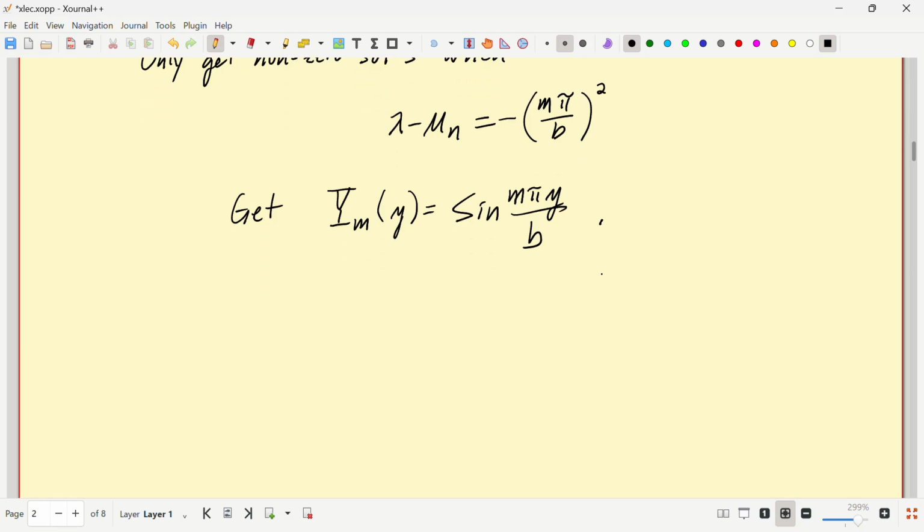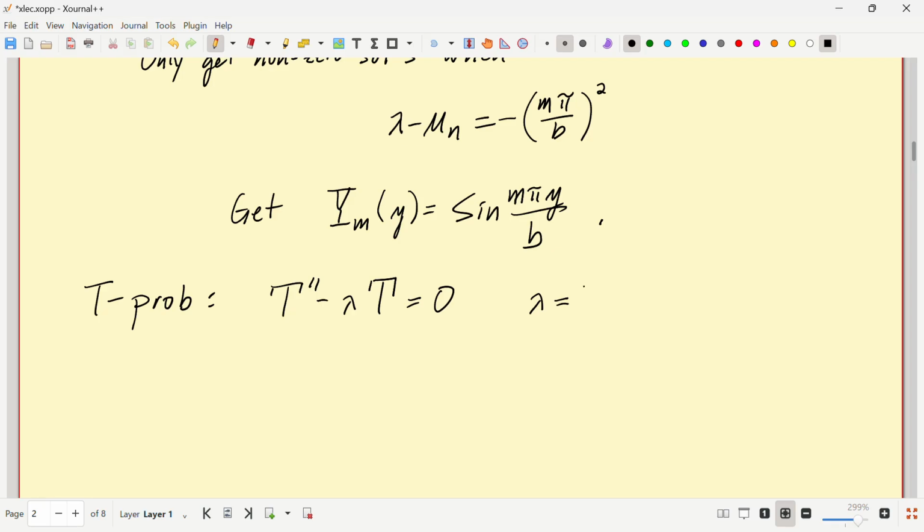Now we'll solve the t problem. I've got the x, I've got the y, and now I've got to think about the t problem. It is T double prime minus lambda T equals 0, and the lambda is, there it is right there, I put the mu n on the other side.